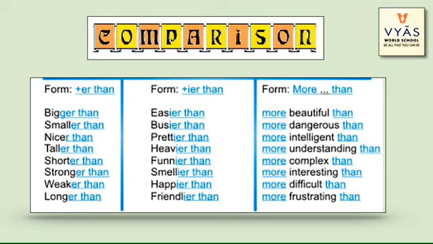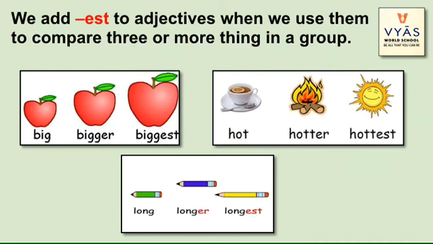Now let us come to a new rule. Here we are going to compare three or more things. For this we add est. Let us read the rule. What is given here?